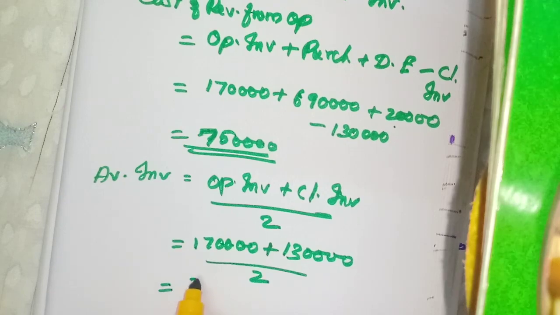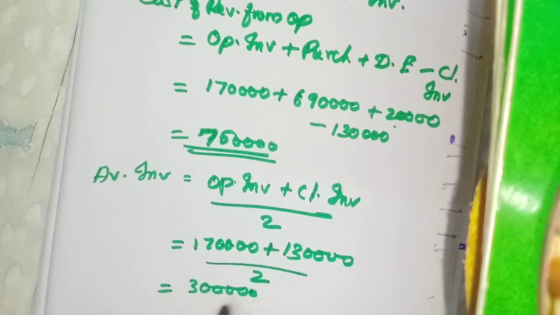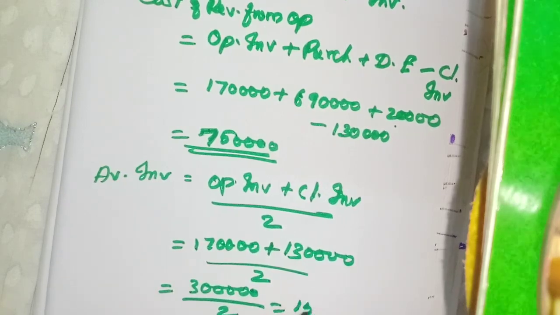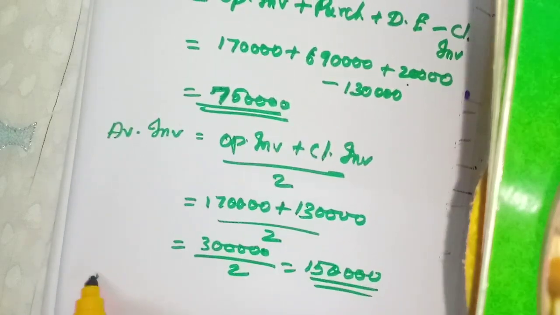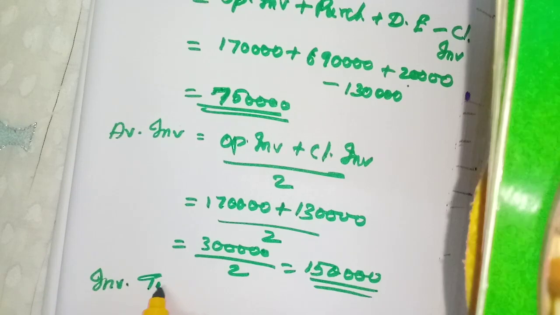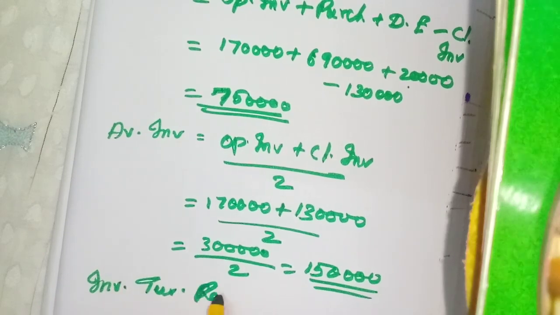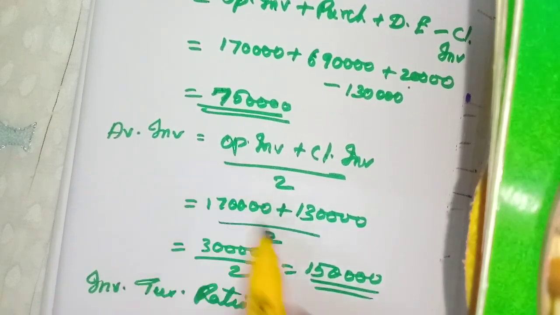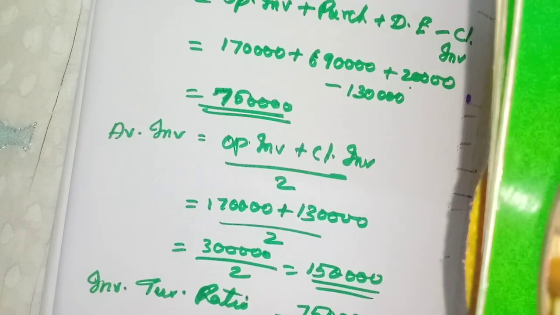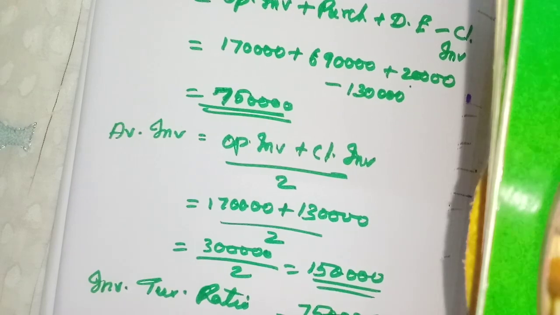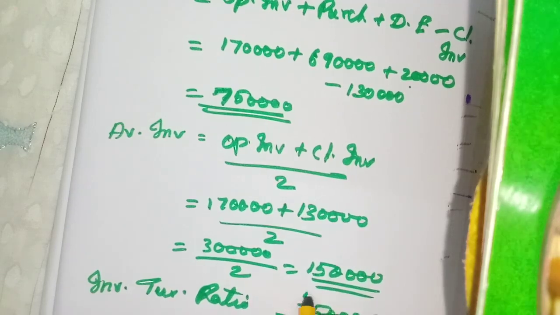So 3 lakh divided by 2, 1,50,000. Now we will calculate the inventory turnover ratio. Cost of revenue from operation 7,50,000 divided by 1,50,000. Okay, 4 zeros cancel, 15, 1, 15, 5.